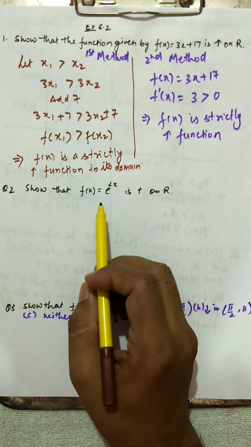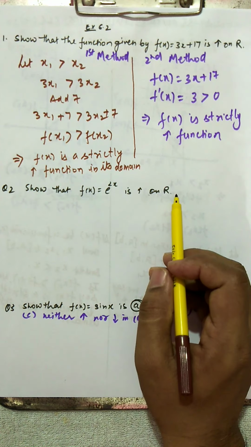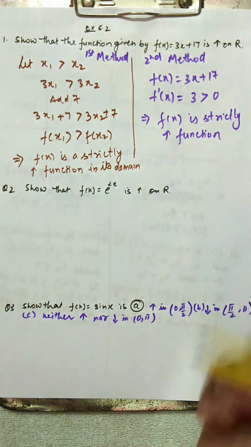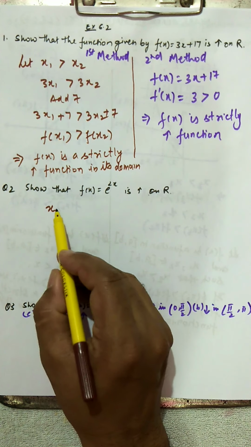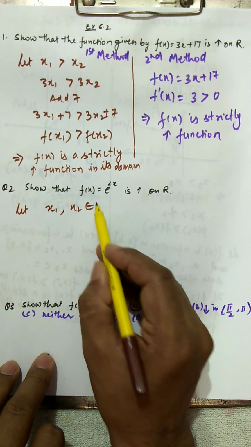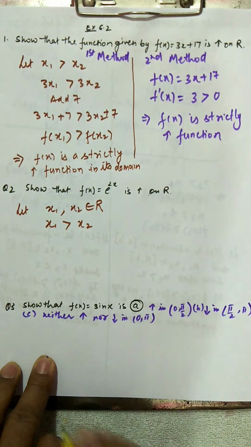Now show that, this is the second question, show that f(x) = e^(2x) is increasing on R. Now you can use any method that you want. If I'm using the first method, let x1, x2 belong to R such that x1 is greater than x2.